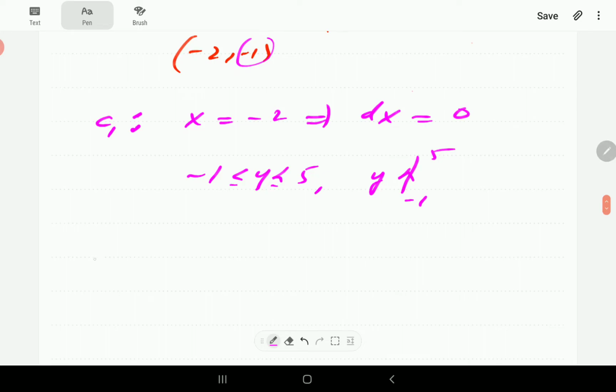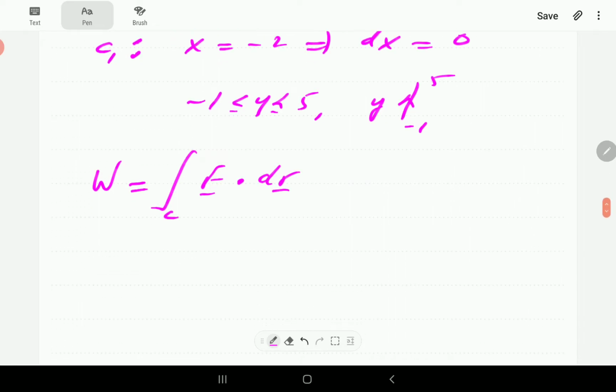Then the work done is going to be the integral of F dot dr, as we already explained in an earlier video.